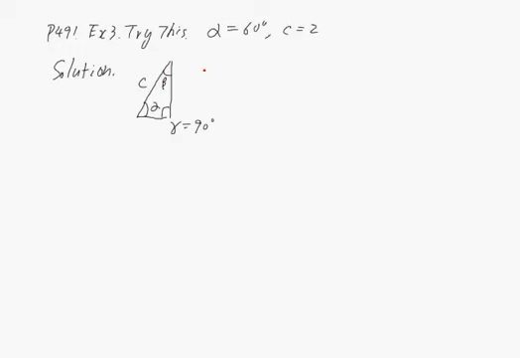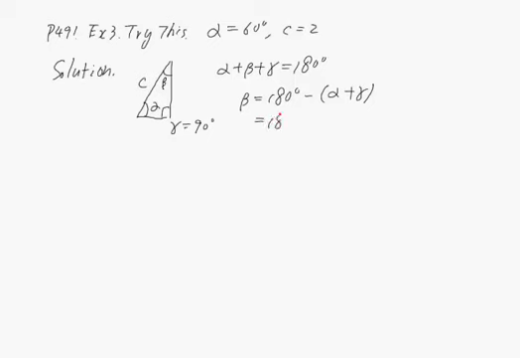We know alpha plus beta plus gamma is equal to 180 degrees, because the sum of the three angles of a triangle is always equal to 180 degrees. So we can solve this equation for beta. Beta is equal to 180 degrees minus the quantity alpha plus gamma.